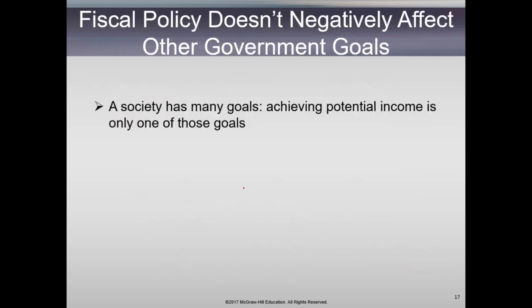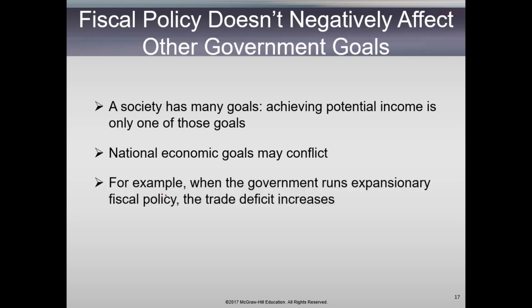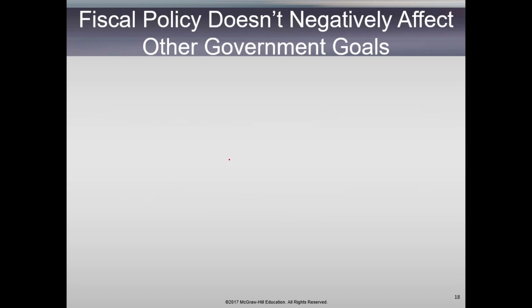Okay, and finally, like I said, there are other goals besides just achieving potential income. Fiscal policy may conflict with those goals. Okay, right, when we run an expansionary policy, I've already mentioned the trade deficit will increase, and at least the current president is very skeptical of the benefits of running any type of trade deficit to finance the government budget deficit, and he's made it an explicit point of policy to try to lower our trade deficit.